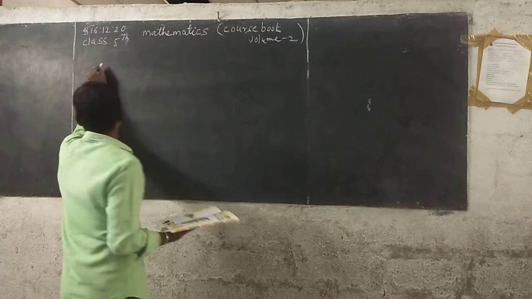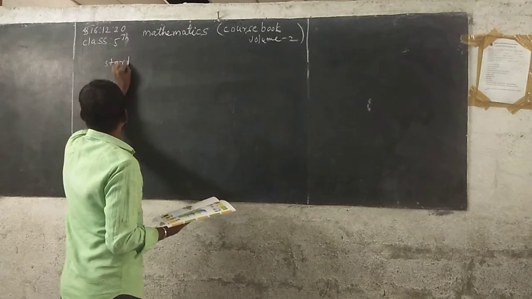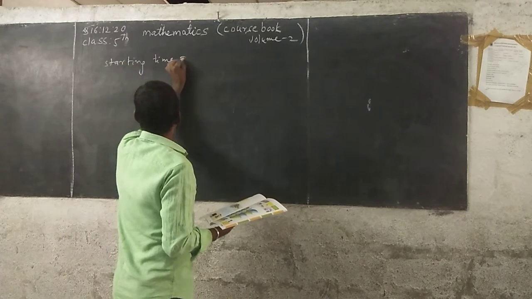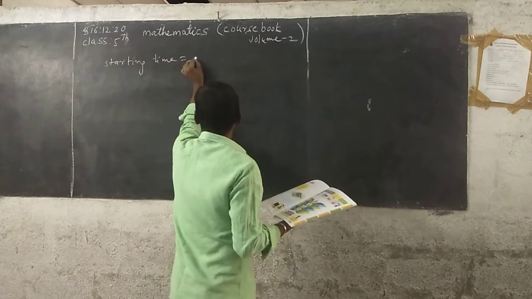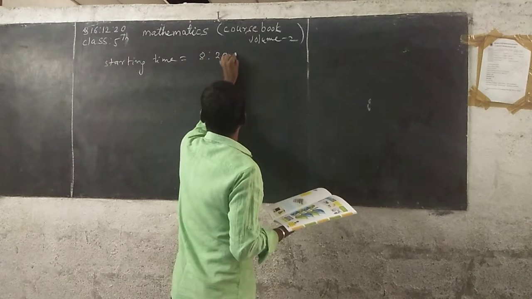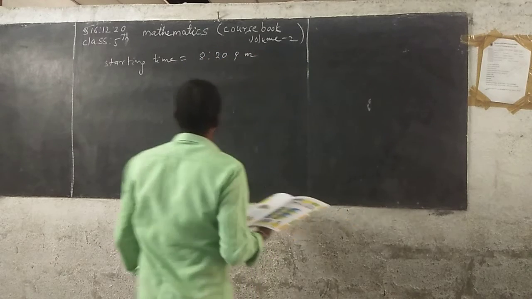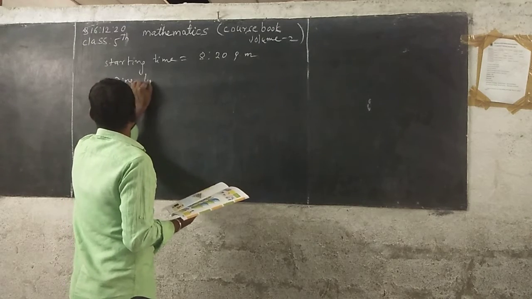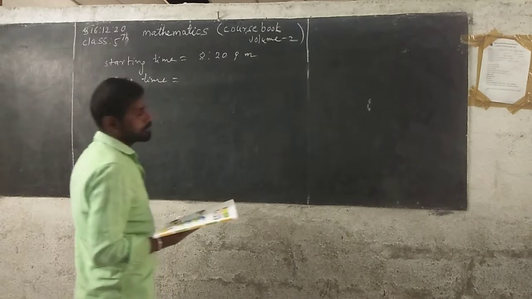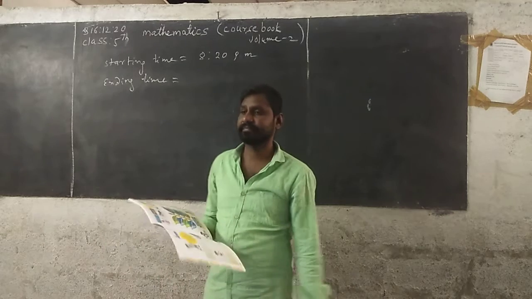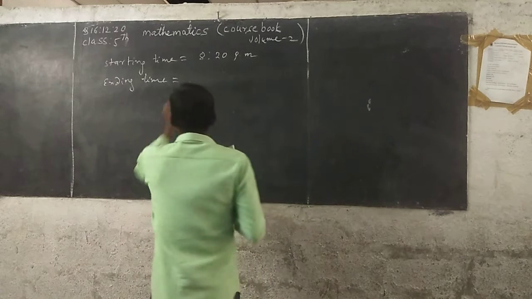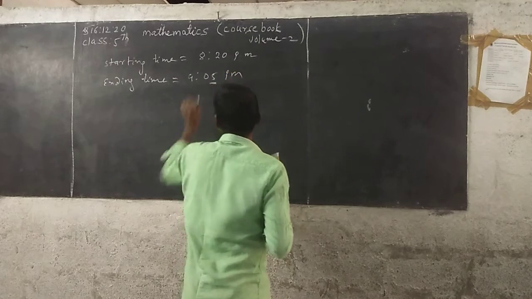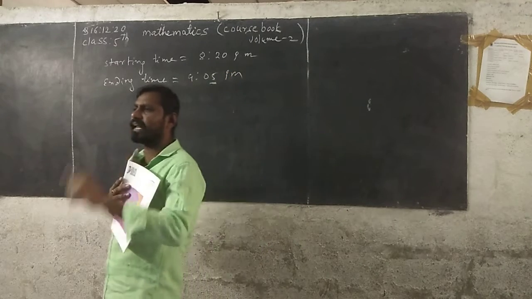Now starting time, 8:20 p.m. Ending time, 9:05 p.m. Here 5 minutes can be written as 05, 1 minute can be written as 01.